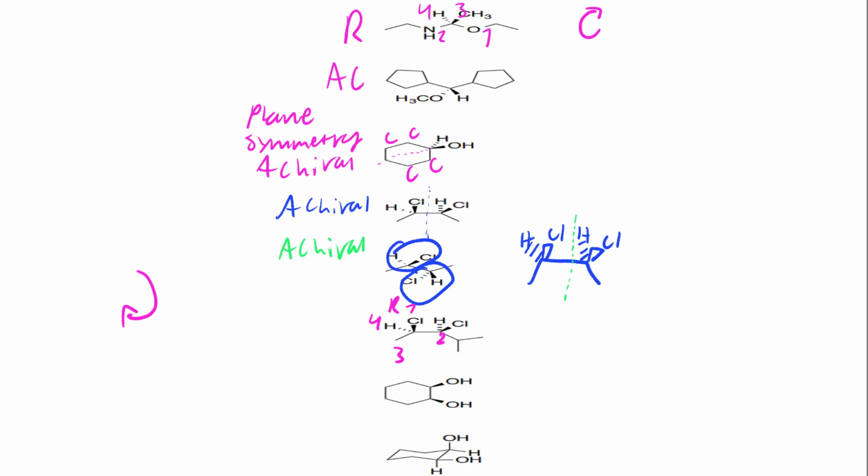Now, what about the right side? Let's see, 1. Am I going to do a carbon with a chlorine, or am I going to do a carbon with a hydrogen? What I'm trying to say is, am I going to pick this center, or am I going to pick this center? Do I want something that has a chlorine, or something that has a carbon?